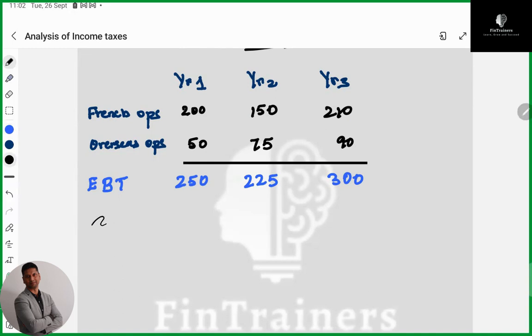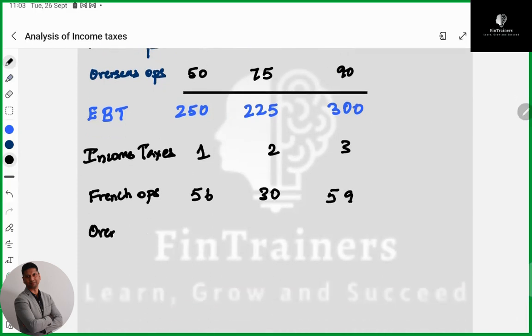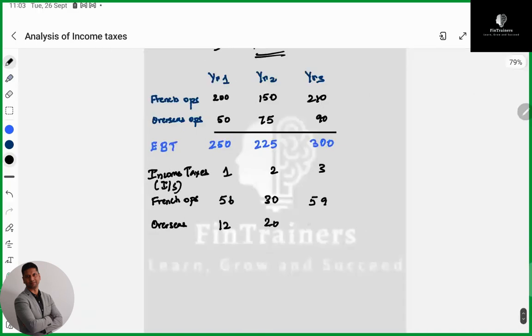When I look at the income taxes from the income statement, so the French ops, the income tax expense is 56, 30, 59, and overseas, taking the expense directly from the income statement, is 12, 20, and 21.